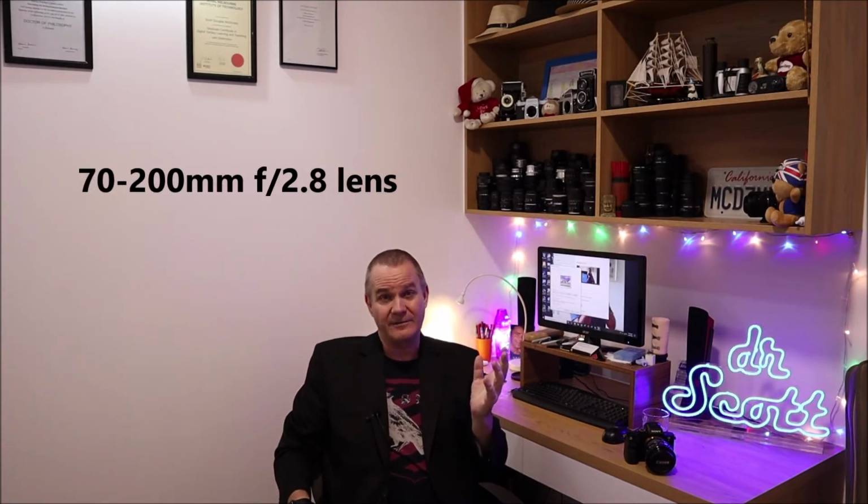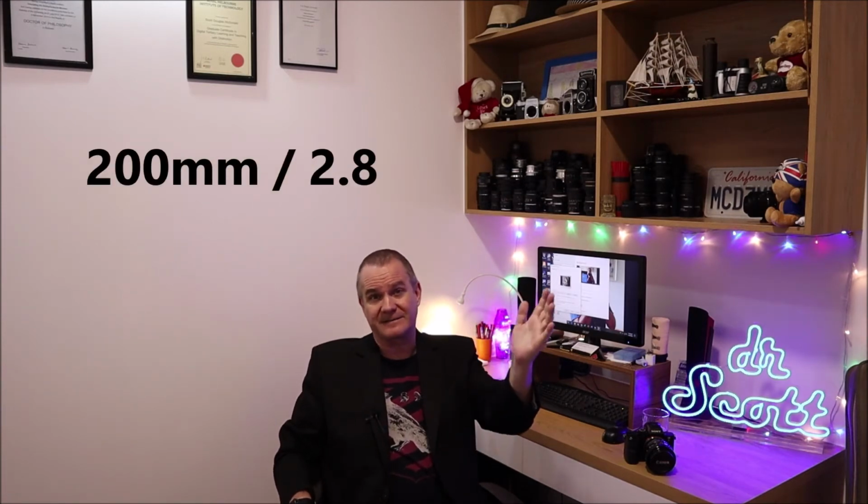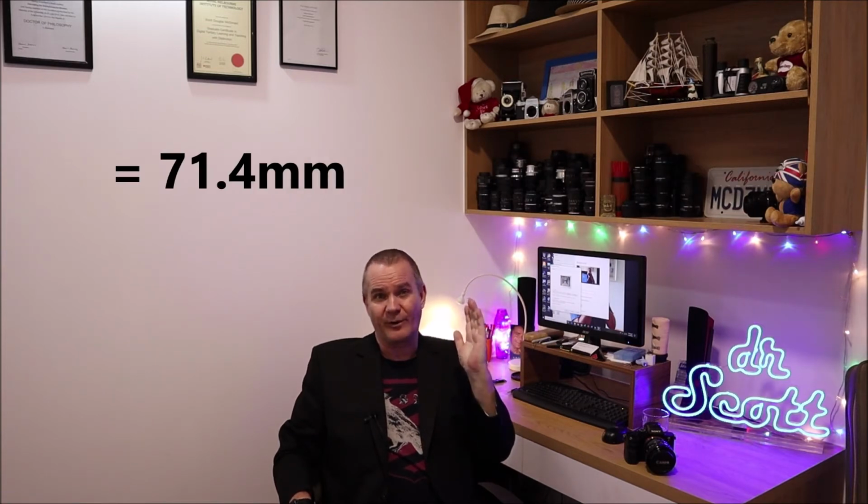Because if you really looked at that the way most people explain it, let's say you take a 70 to 200 millimeter zoom lens, which whether it's Canon or Sony or Nikon or anybody else, makes this very common zoom lens. So if you take a 70 to 200 f 2.8, you would do that math of, let's say, 200 at the max, 200 divided by 2.8, and you get 71.4.